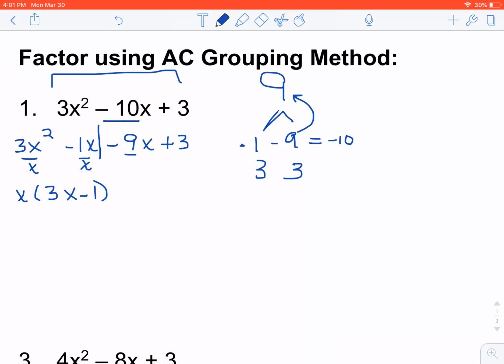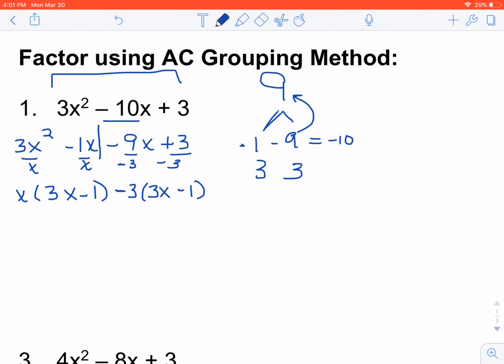What do they have in common? A negative 9 and a 3. Well, both of them are divisible by 3. Because there's a negative sign in front of the 9, we have to pull out a negative 3. So whatever that sign is in front of the term, that's what we have to pull out. And when we pull out a 3, we end up with a 3x, and then 3 divided by negative 3 is negative 1.